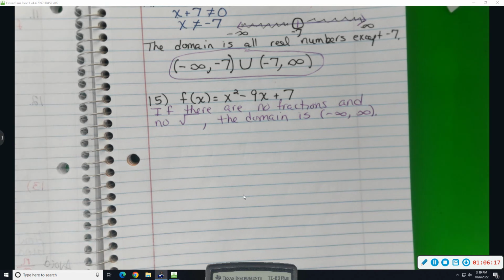Like in a business calculus class, we'll have functions like this that are representing cost or revenue, and x is representing quantities produced. Well, you can't produce negative 10 items. So unless you're told otherwise, no fractions, no square roots, the domain is always all real numbers.